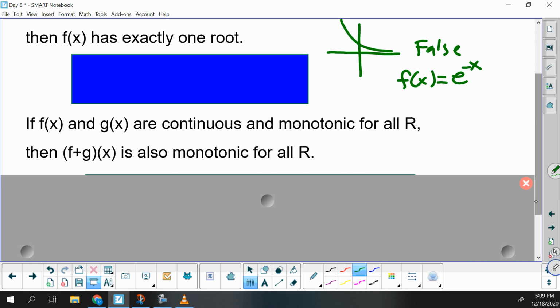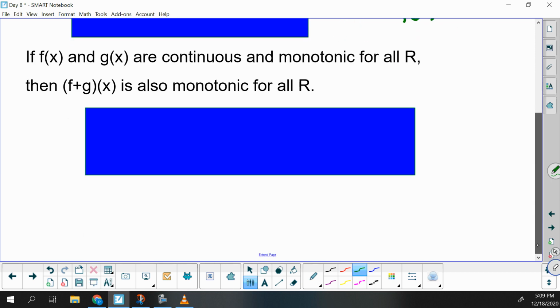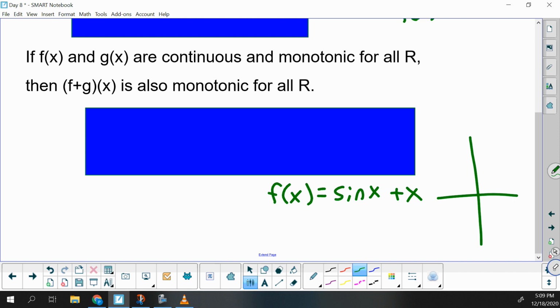Well, an example would be if we let f of x equal sine x plus x. Basically what that looks like is imagine like y equals x, and sine's going to kind of follow that. So that is strictly increasing.